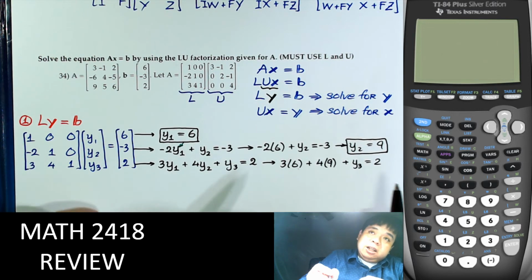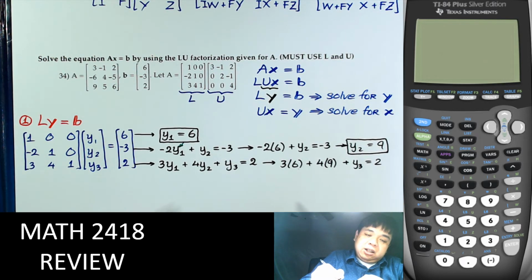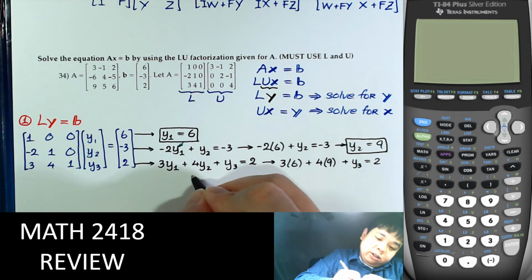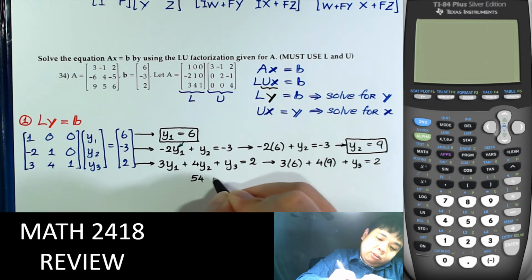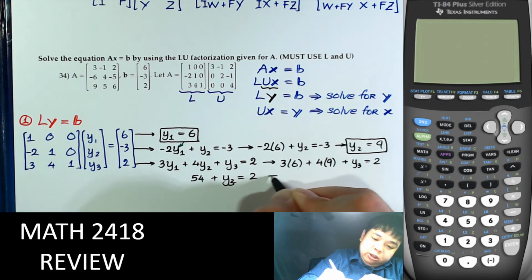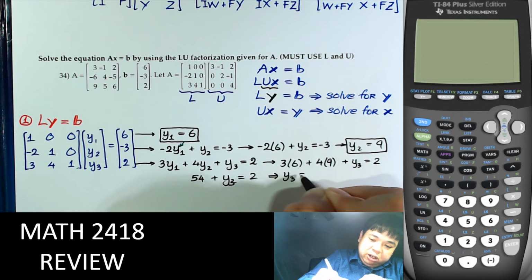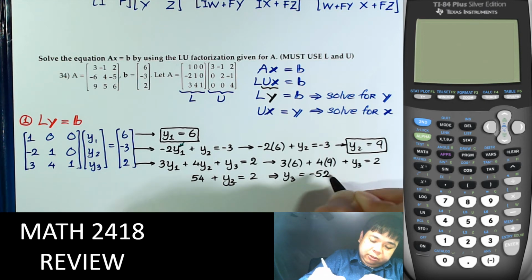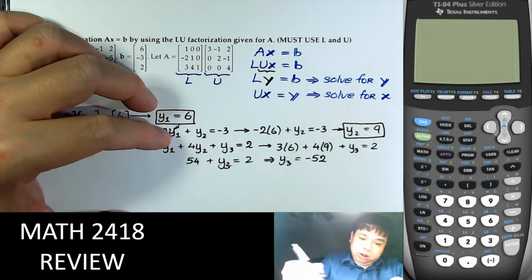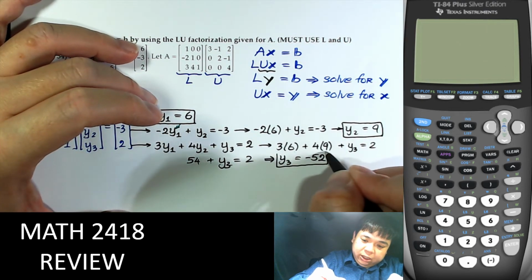So 18 and 36 are 54 plus Y3 equal to 2. So Y3 is minus 52. Right. So that is the first step. We have Y1, Y2, Y3.